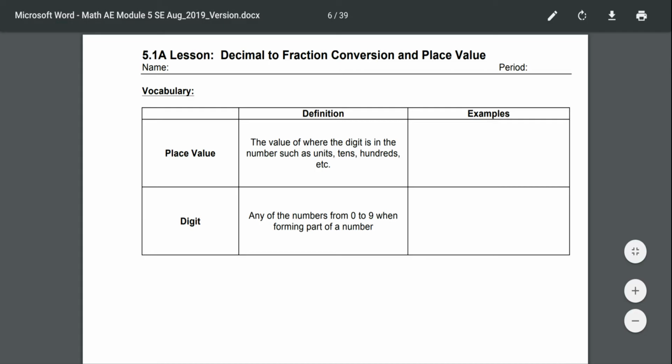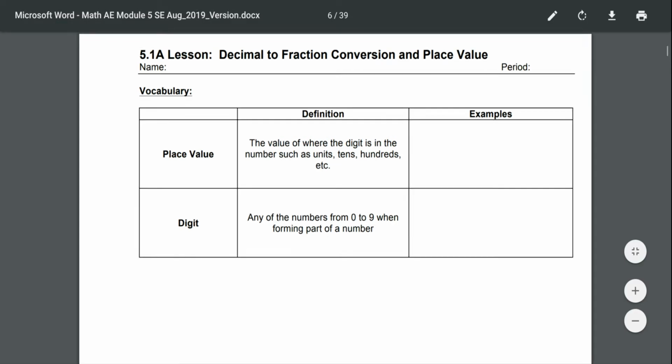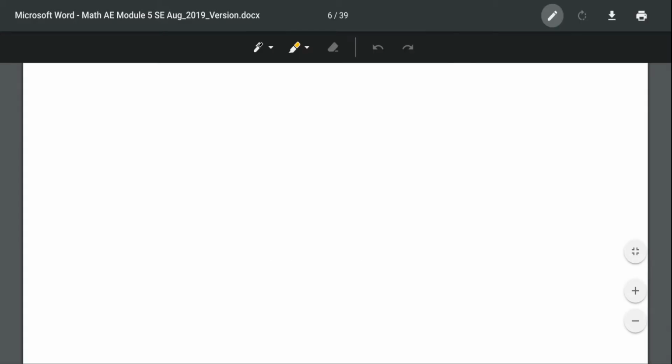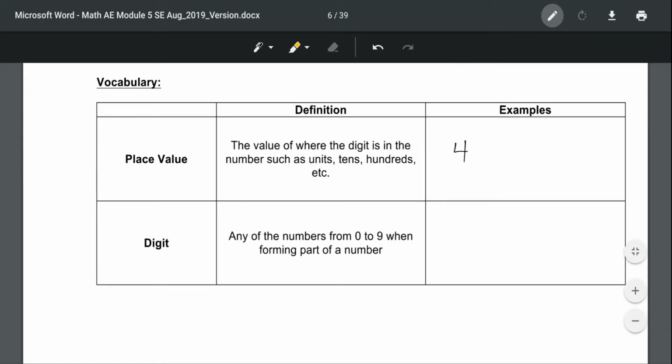So the definition of place value is the value of where the digit is in the number, such as units, tenths, hundreds, etc. So for example, if you have the number 4,523, each of these numbers has a place value.